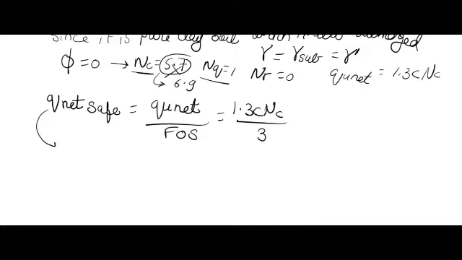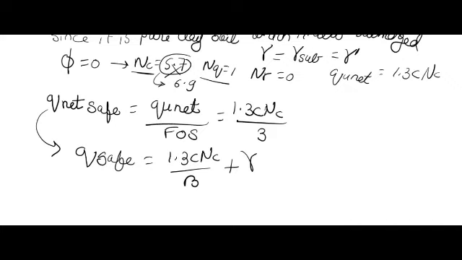From this q net safe we have to find q safe, and q safe is nothing but 1.3 cNc by factor of safety, that is 3, plus again what we subtracted earlier, we have to add back, that is gamma dash Df.